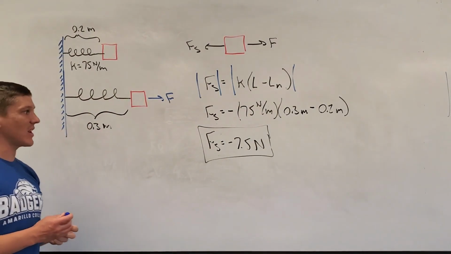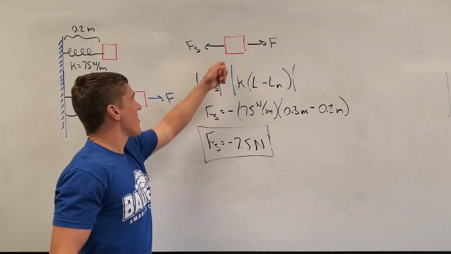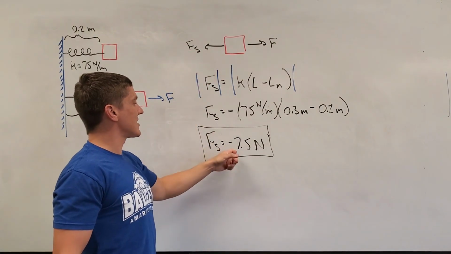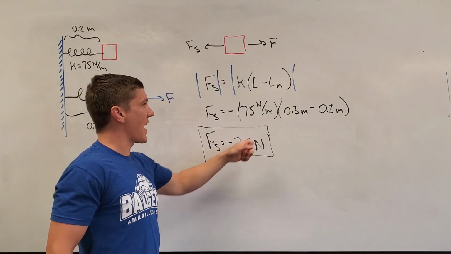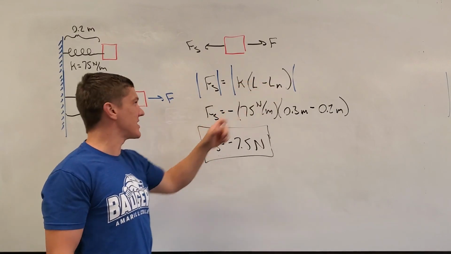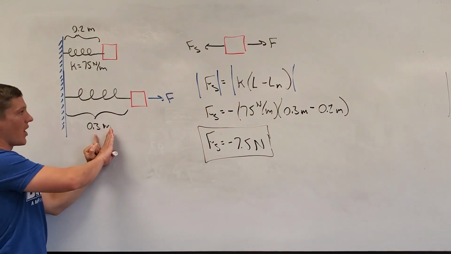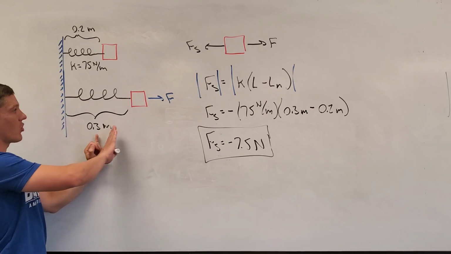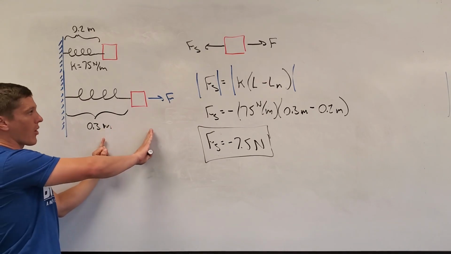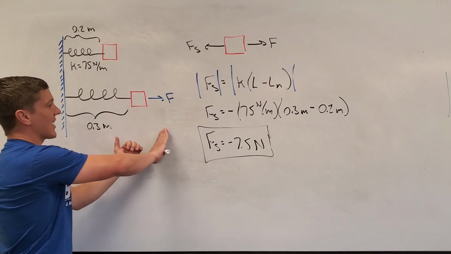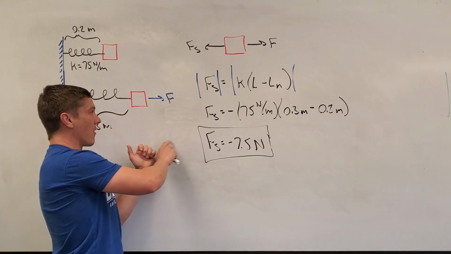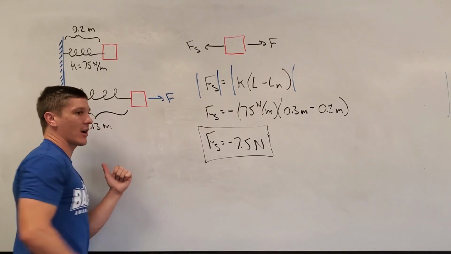That negative just indicates that it's back to the left. It means it's in the opposite direction as our displacement. So our displacement was 0.3 minus 0.2, or a displacement of 0.1 meters to the right. That just means that the force of the spring on the block is back to the left.